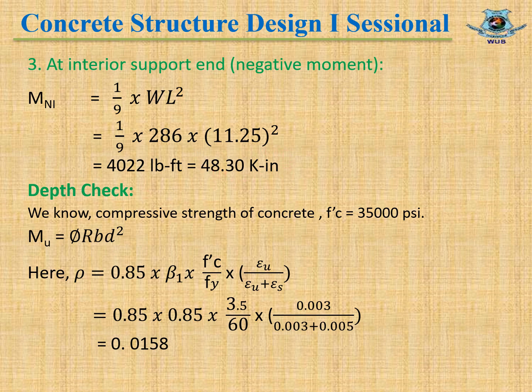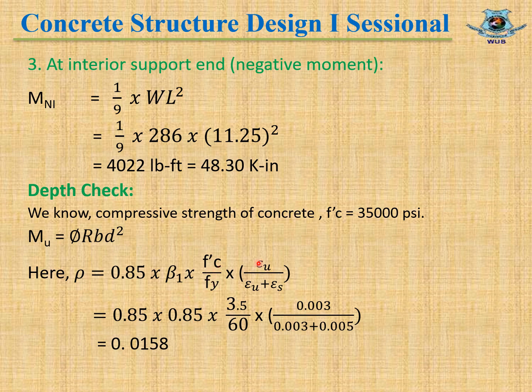Depth check. Given compressive strength of concrete f'c equal to 35,000 psi. Mu equal to phi R b d square. Steel ratio rho equal to 0.85 beta 1 f'c by fy into epsilon U divided by epsilon U plus epsilon S. f'c and fy are given in question.